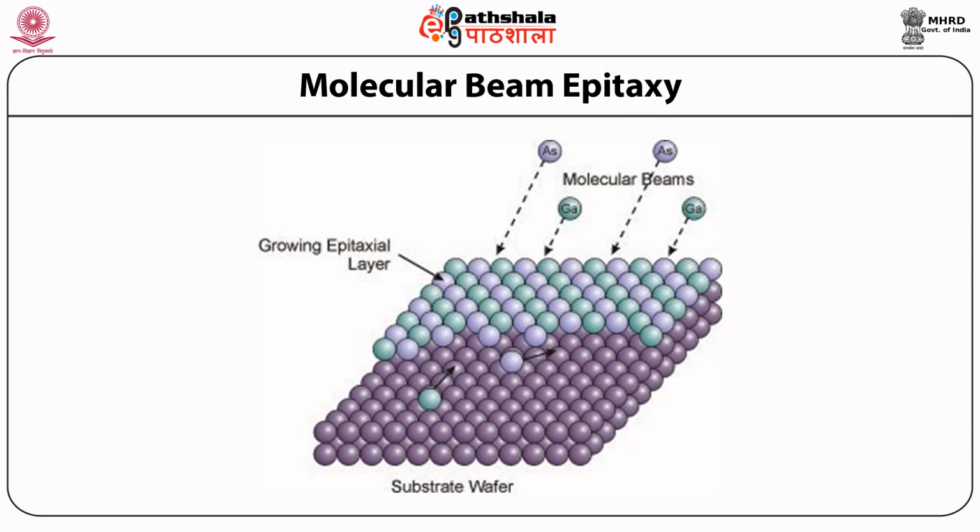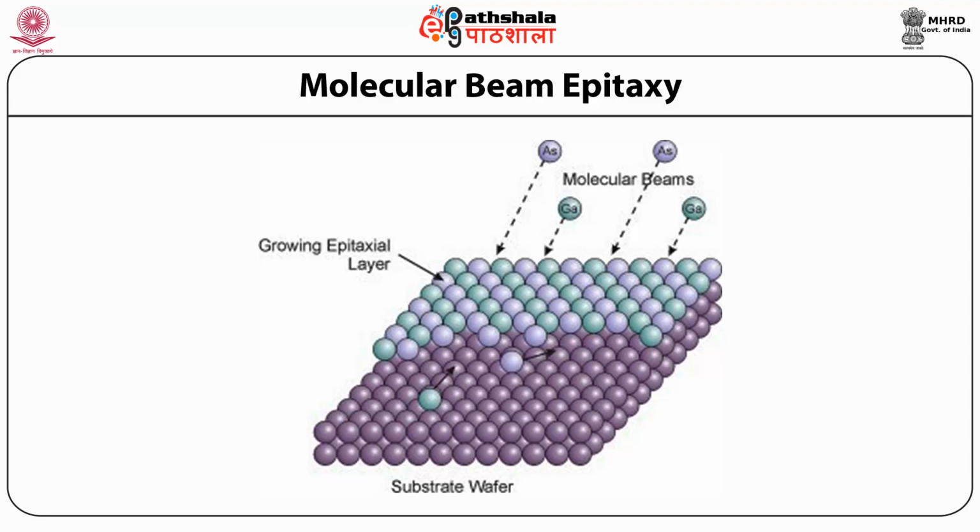So students, let us discuss the first process of the bottom-up synthesis approach, that is molecular beam epitaxy. Molecular beam epitaxy, MBE, is an epitaxy method for thin film deposition of single crystals.